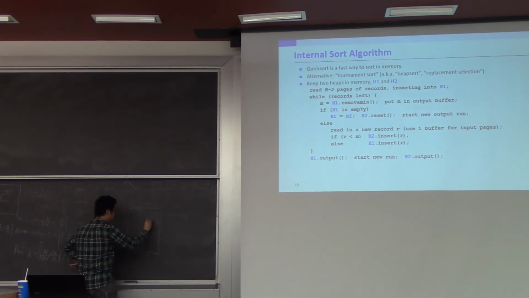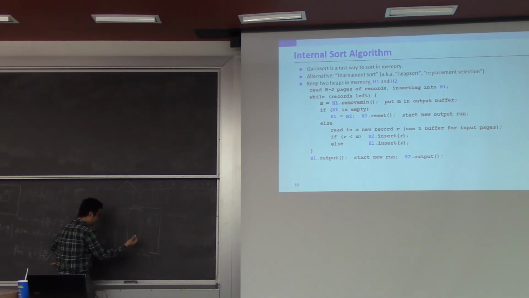And you can pop one element from here. Then you need to reorganize the min heap H1. You move the last element here and do some push downs and push ups, right? Then you will have an empty slot here.